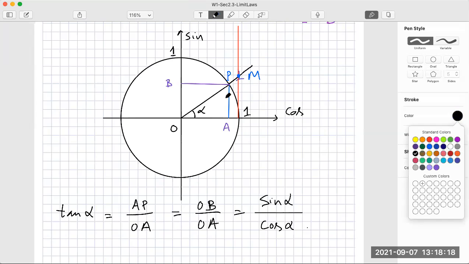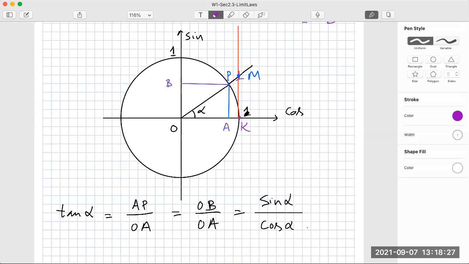Please pay attention here. Look at this triangle. Let us call this point K. K is this point right here. Consider the triangle OPA and the triangle OMK. How are they?